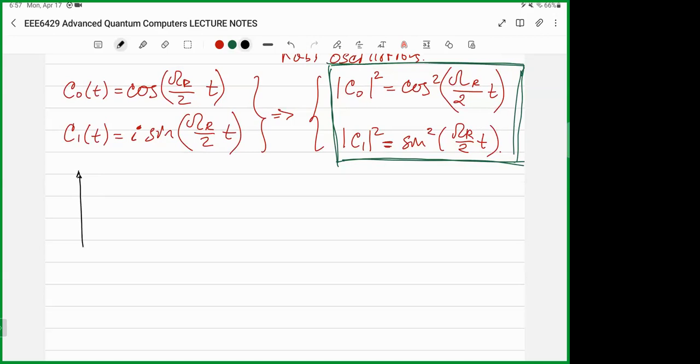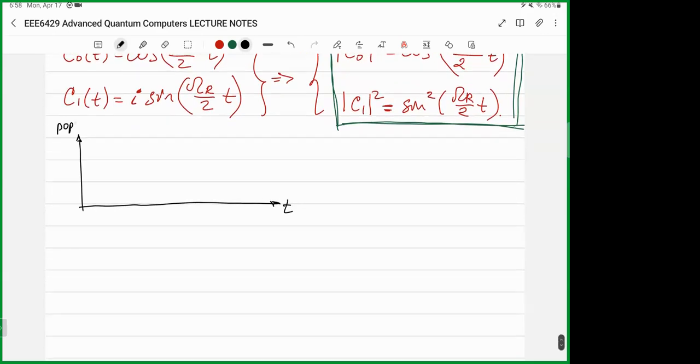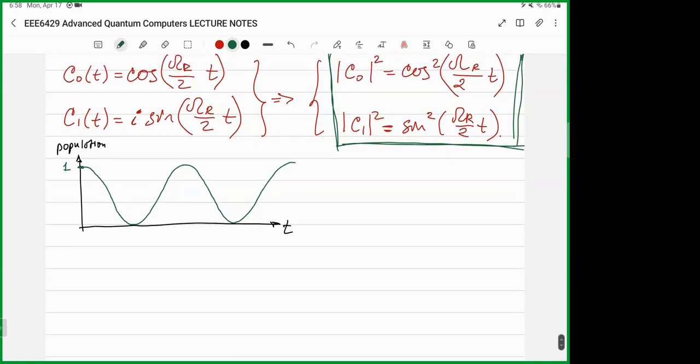So let me plot this as a function of time. Here is population, either first or the second state. And in different colors, let me start from the population of the ground state. So it will be a function like this, this cosine squared function.